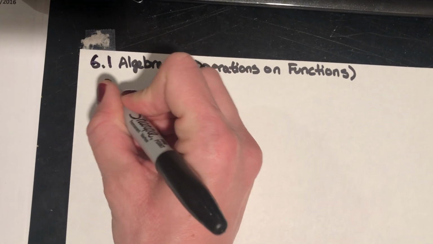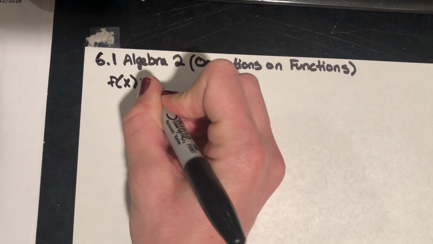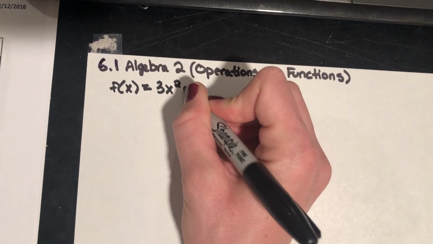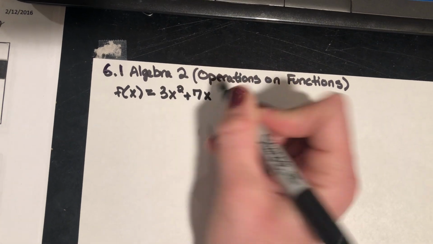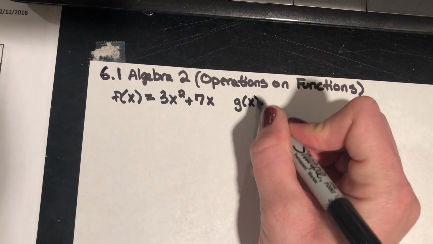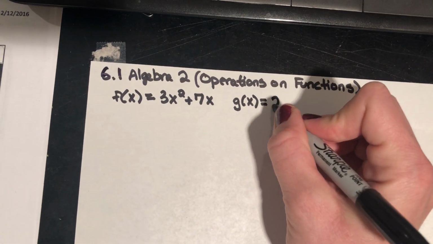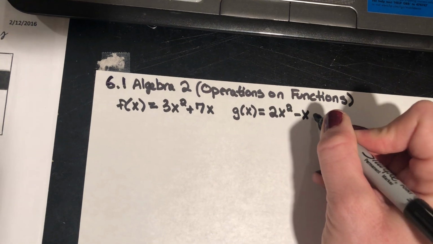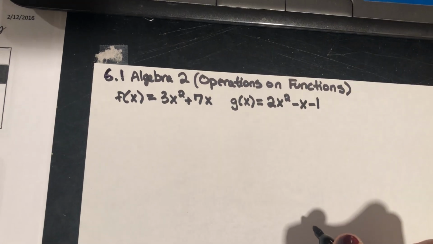f of x is going to equal 3x squared plus 7x. Then I'm going to give you g of x. g of x is going to equal 2x squared minus x minus 1.